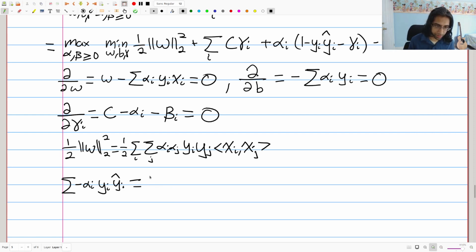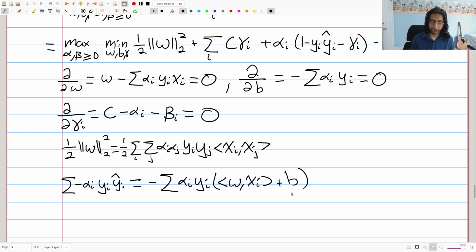So this equals minus summation alpha I yi times inner product of w, xi plus b. Well, as you might recall, there's two things here.